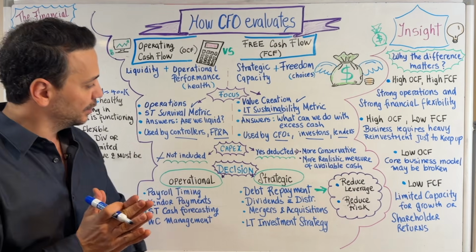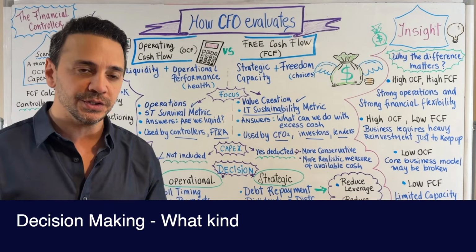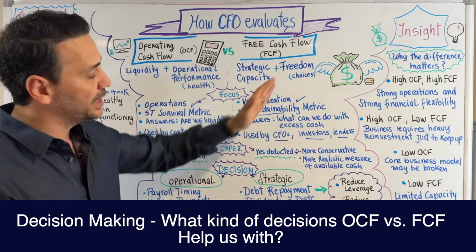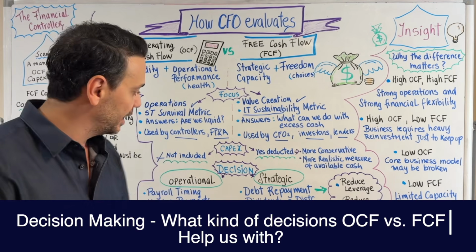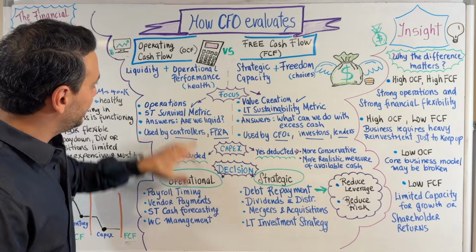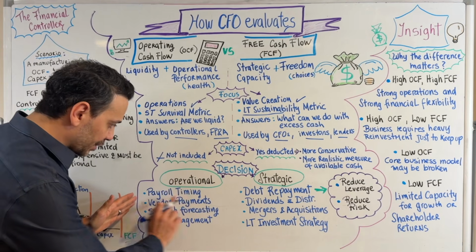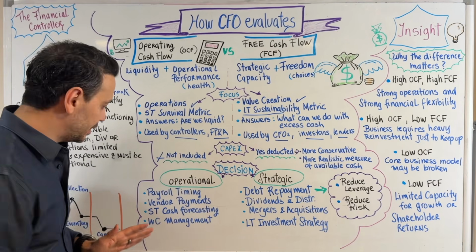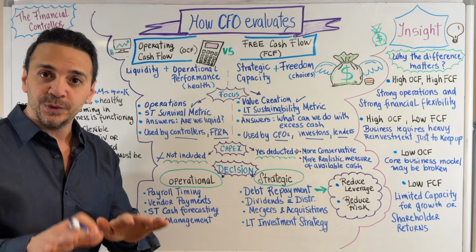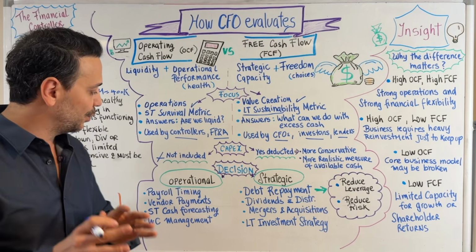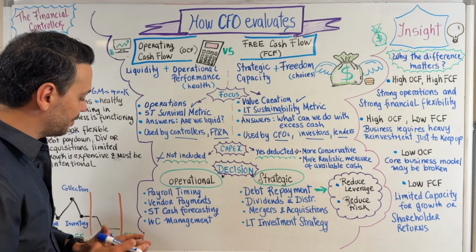Okay, now let's look at decision making. What kind of decisions does OCF versus FCF help us make as CFOs and controllers? Well, with the OCF, it's all operational, right? So are we able to make payroll on time? Do we have enough cash to make vendor payments, and how to tweak the vendor payment timing so that we can accommodate the cash that we have?